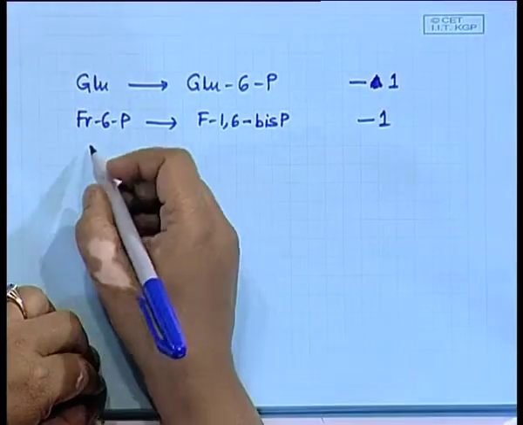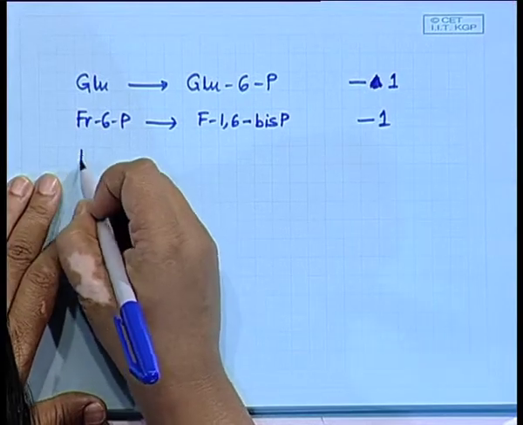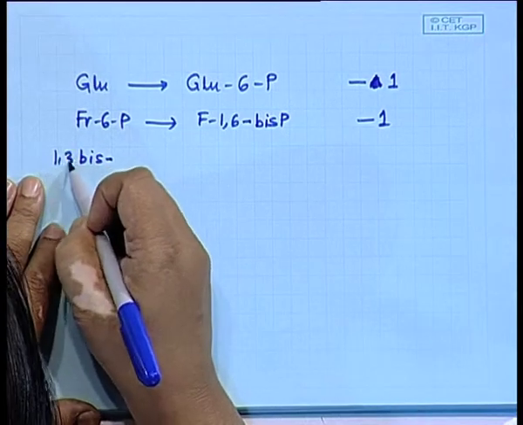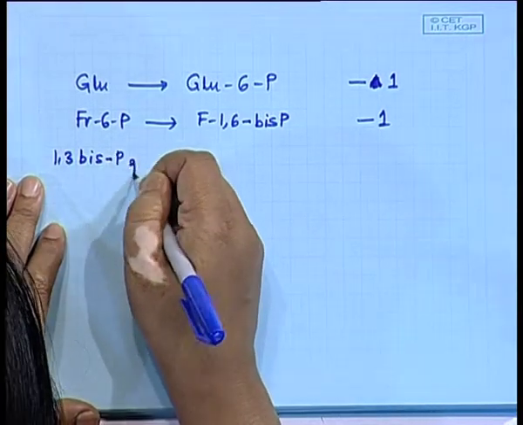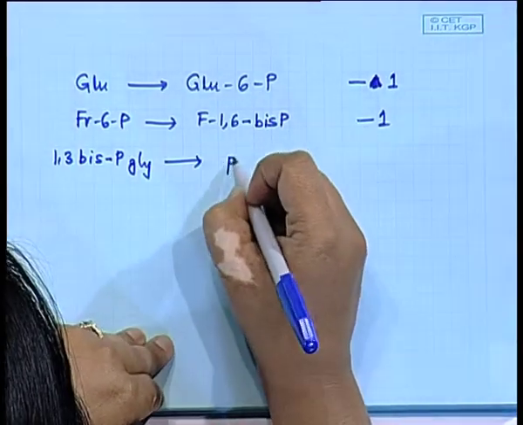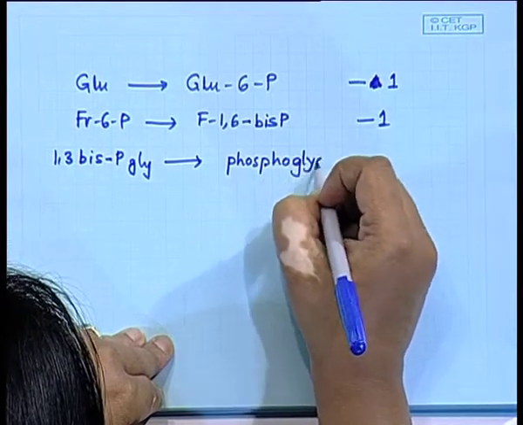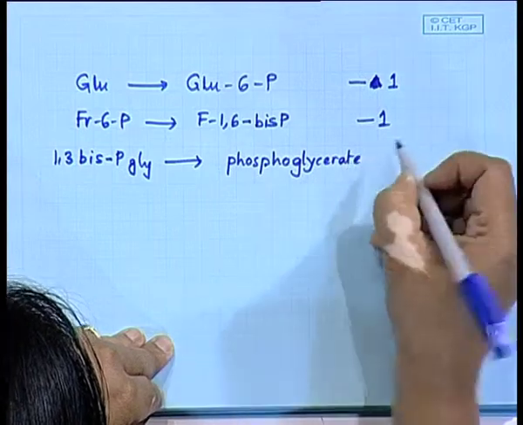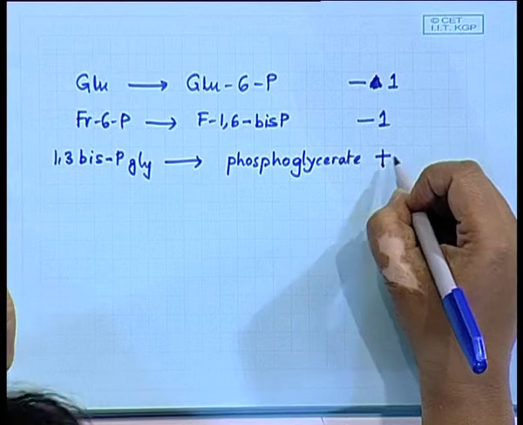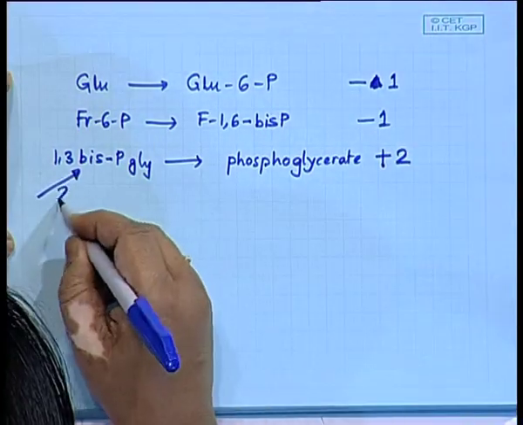Then we have, this is all the ATP we are considering now. Then we have the 1,3 bisphosphoglycerate. What did that form? That formed the phosphoglycerate. And what happened there? It was plus 2 actually, because we have 2 of the 3 carbons now, fine.